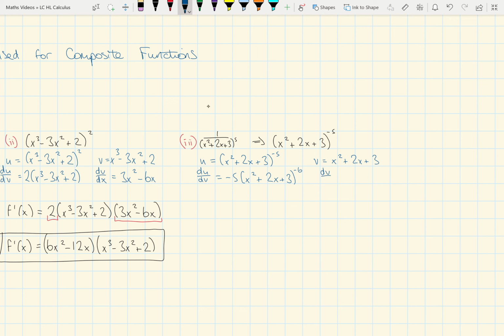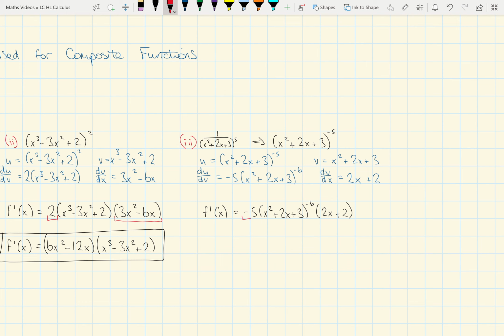And then dv dx is equal to, bring down your 2, you'll get 2x, to the power of 2 becomes power of 1, so that's fine, plus 2, and my plus 3 is a constant, so it'll become 0 when we differentiate. And now multiply our 2 derivatives, I'll get minus 5 by x squared plus 2x plus 3 to the power of minus 6 multiplied by 2x plus 2.